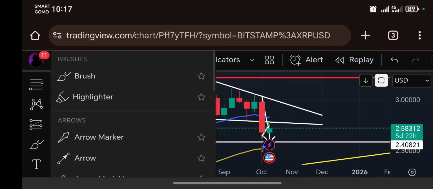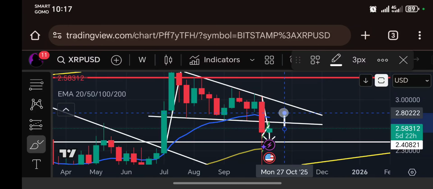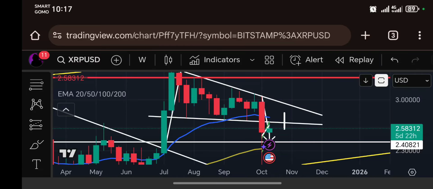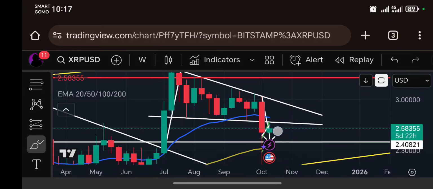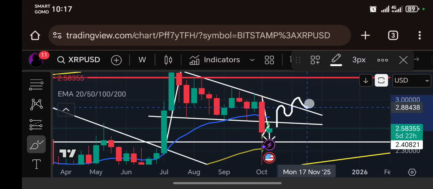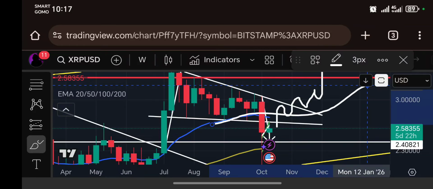I want weekly candles in the next weeks to go back up. I'm sorry, how will I draw that? Here, I want this one to happen, and this blue line here is going to be like this. That's what I want to see. That's all I wanted to see.